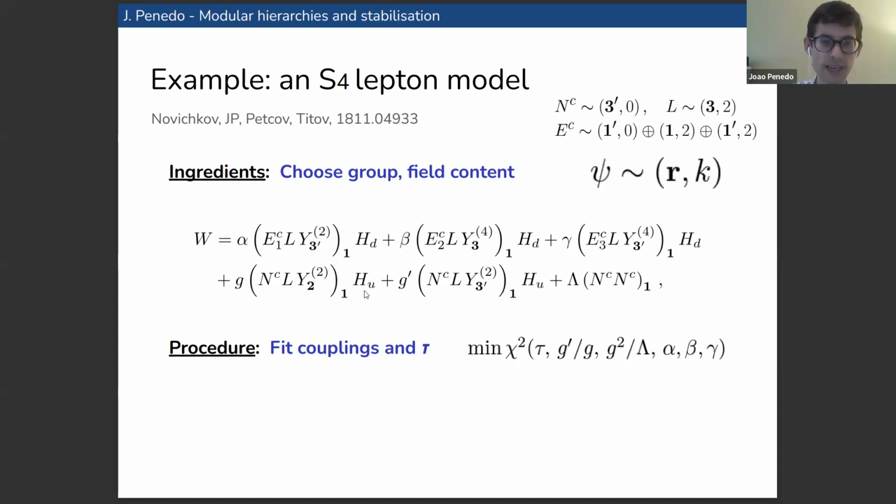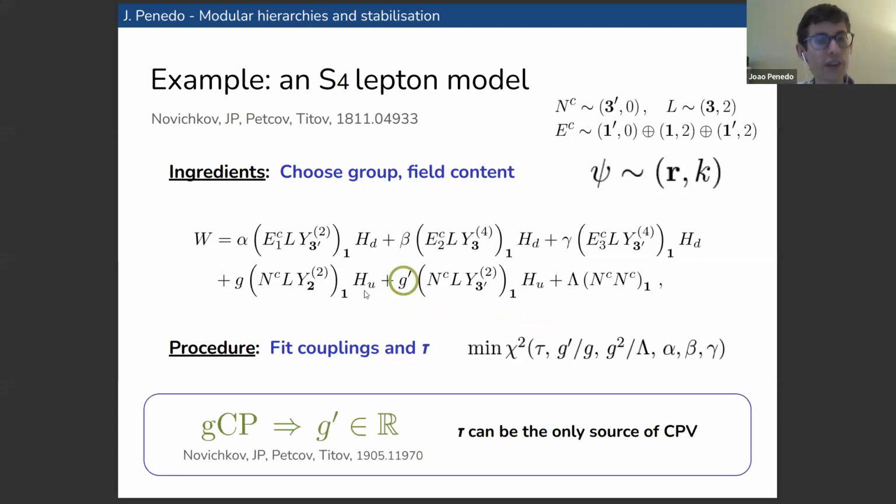So we fit the couplings and tau, and in this case, we did find a fit. Let me just briefly mention that this g prime is in general complex. All the other phases can be absorbed, but the g prime has a phase which is physical. If you combine your modular symmetry with the generalized CP symmetry, you can make this g prime real.